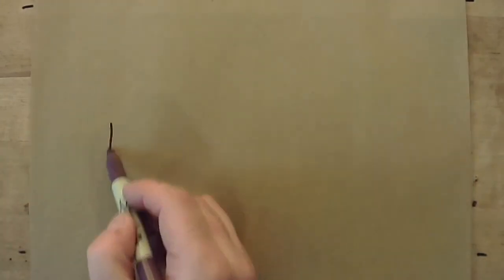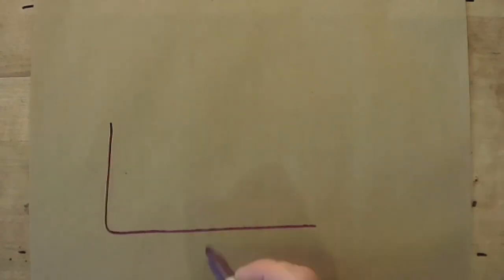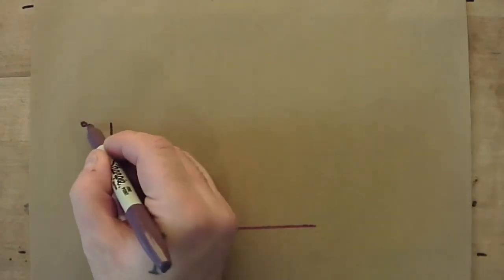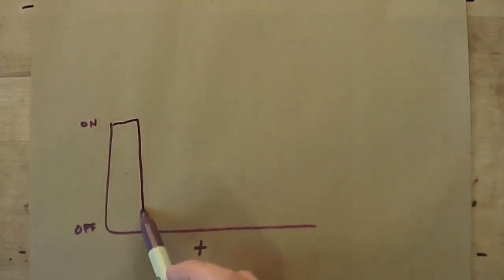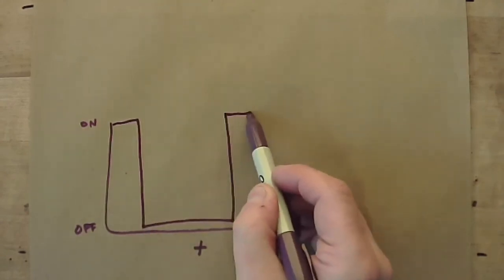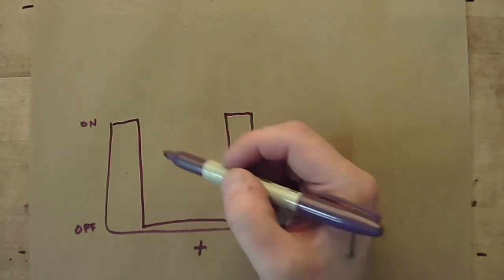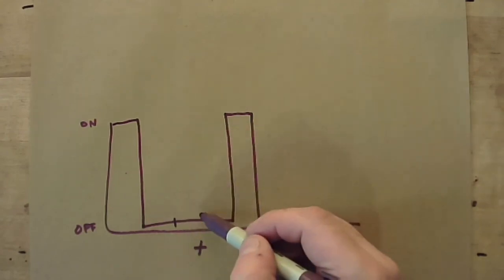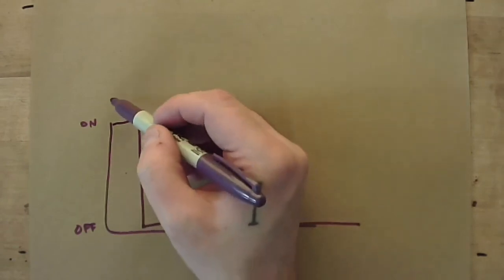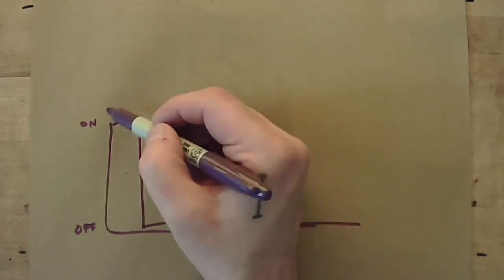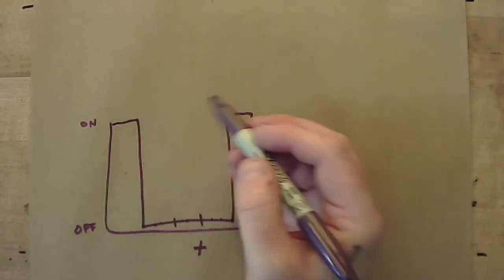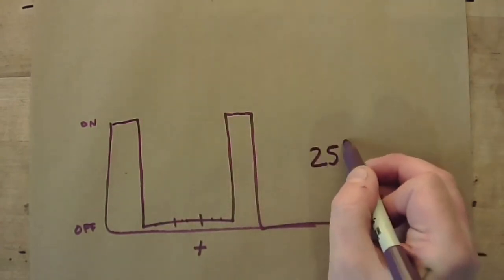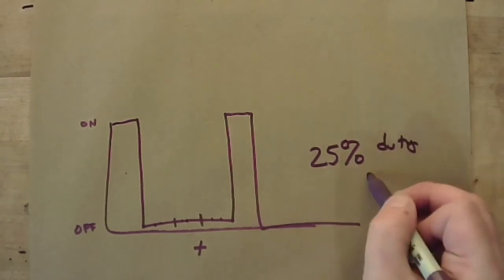If we had a graph that looked like this, with time, and on and off again, where, let's imagine I drew this perfectly, the amount of time that it's on is 1/3 of the amount of time that it's off, this is a 25% duty cycle.